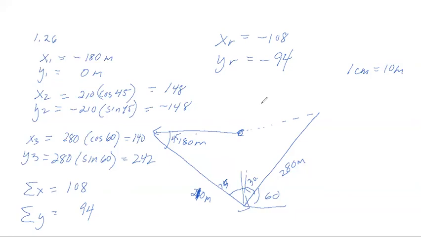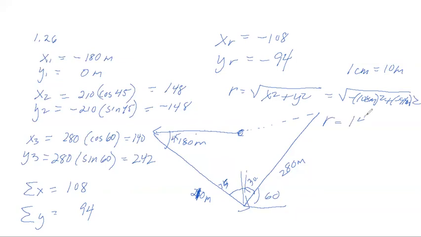Need to convert to r, theta. So r is going to be the square root of x squared plus y squared. It's going to be the square root of negative 108 meters squared plus negative 94 meters squared. And r is going to be equal to 143. Now, in order to get my angle, I'm in the third quadrant, right? I'm just going to go ahead and get my angle with respect to the x-axis here.